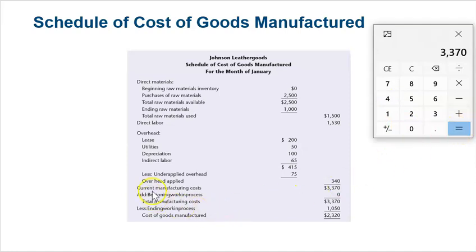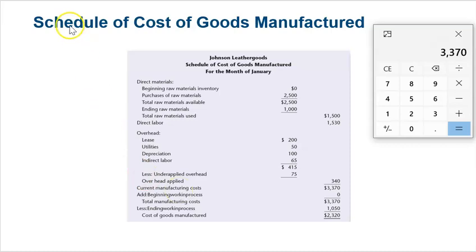And if we do that, it says current manufacturing costs are $3,370. If you recall from our previous slide, we had initial work in process of two different figures. It was $2,320 and $1,050, and that did in fact come up with $3,370. And again, that is our current manufacturing costs.